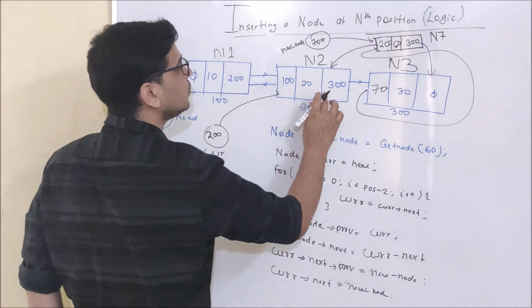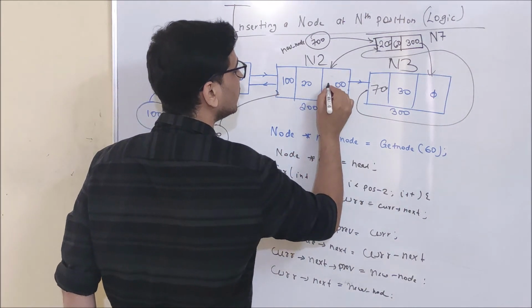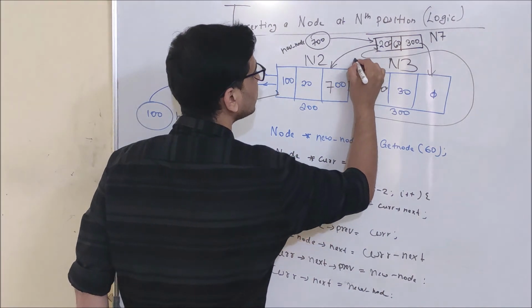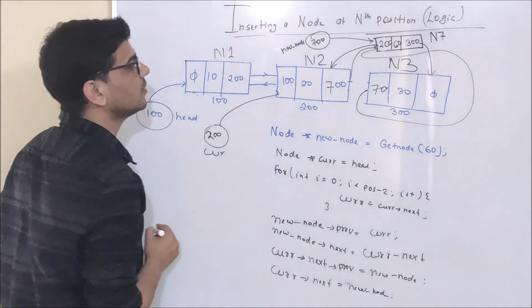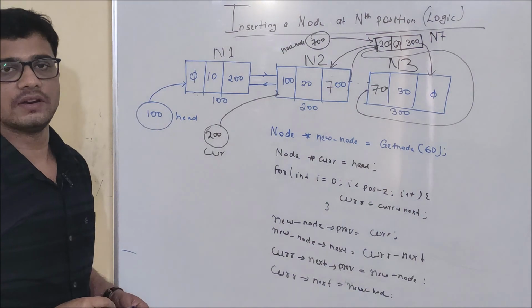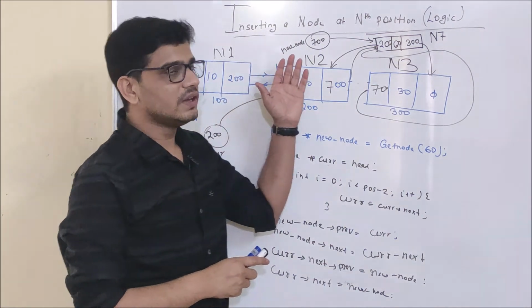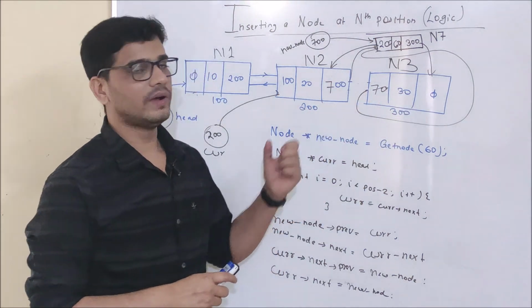And what do we have in new node right now? 700. So we will update 700 here. This link will be broken and a link between node 2 and node 7 will be created. So as you can see here, we have successfully inserted node 7 between node 2 and node 3.